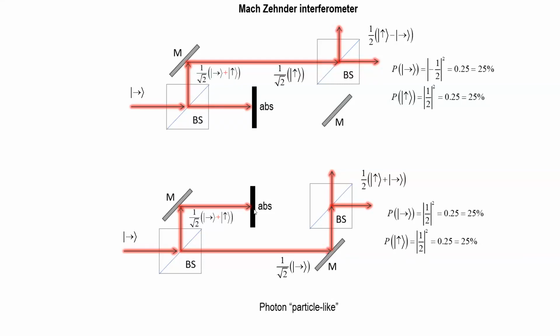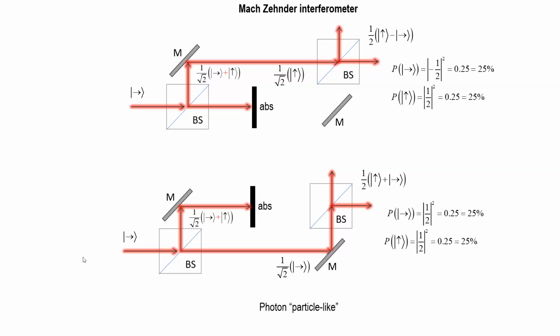If I put my detector in the upper channel and measure it, again, this act of measurement breaks down the interference, so no interference here anymore. And again, I get 25% probability of finding a photon either in the vertical or horizontal direction. So in this case, the photon behaves as a particle.